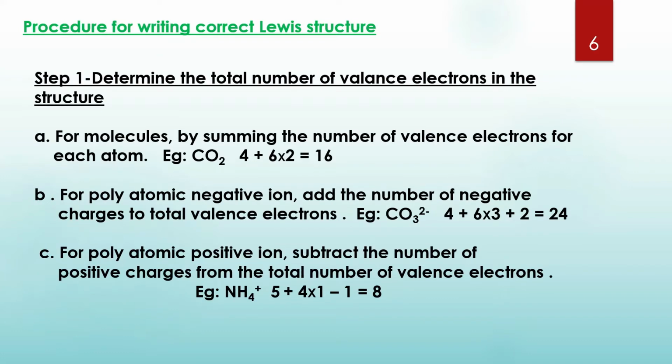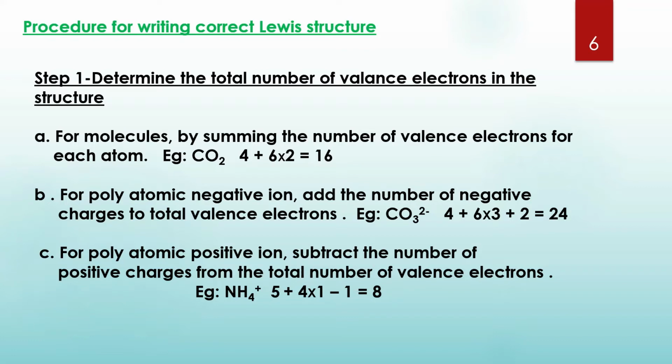Now we'll discuss the procedure for writing a Lewis structure. Step 1: Determine the total number of valence electrons in the structure. For molecules, you sum up the number of valence electrons for each atom.